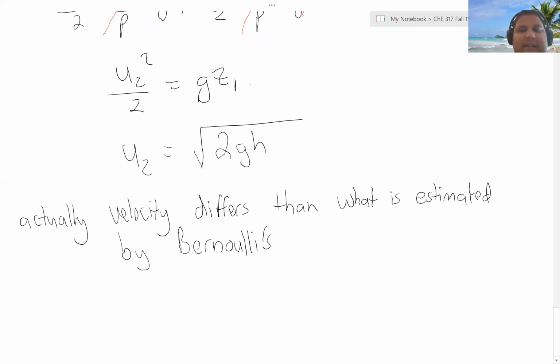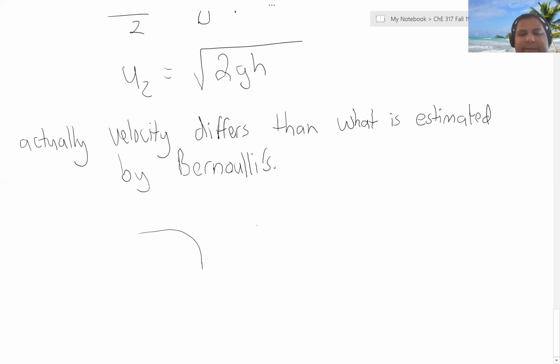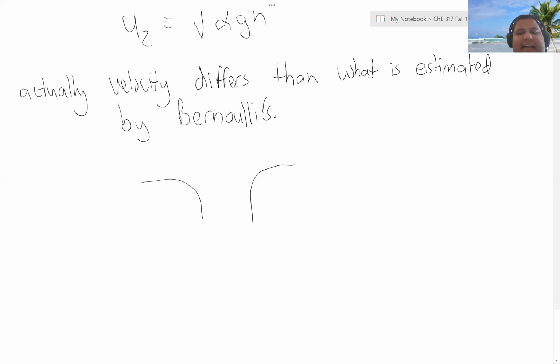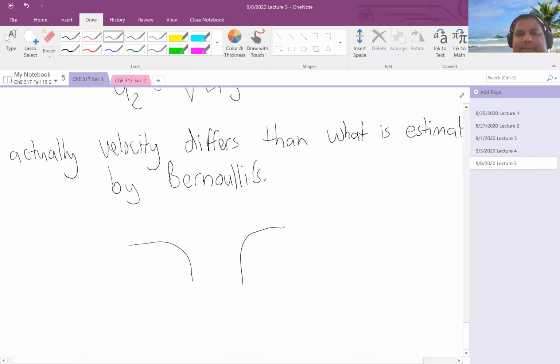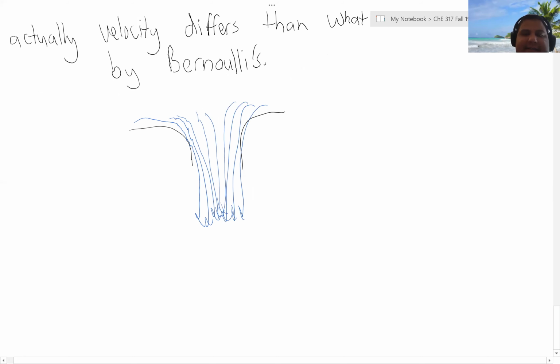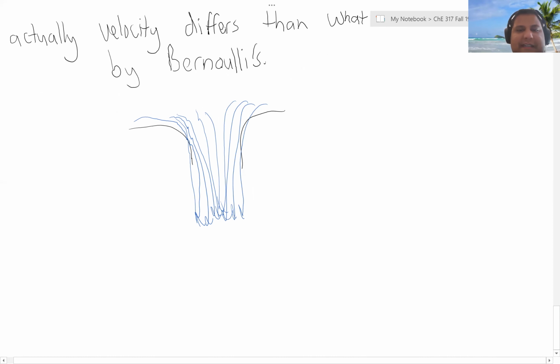And it's a result of what happens to the fluid as it flows out of the system. So if I zoomed in on that exit or orifice, Bernoulli assumes that the flow velocity is going to look a little like this, such that the flow area leaving is nearly identical to the actual dimensions of the orifice.